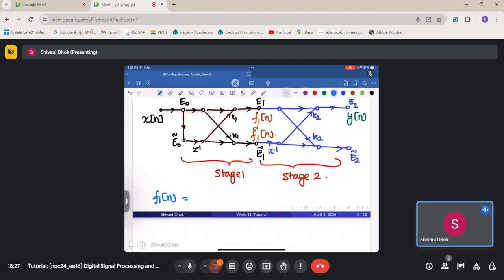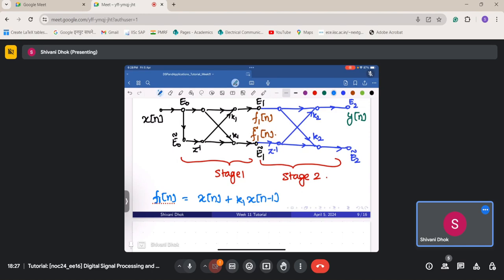So this is x of n plus x of n delayed by 1 unit, x of n minus 1, multiplied by k1, so plus k1 x of n minus 1.